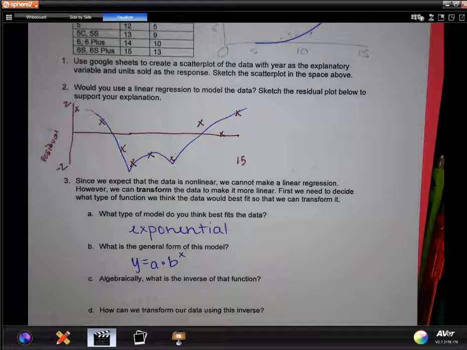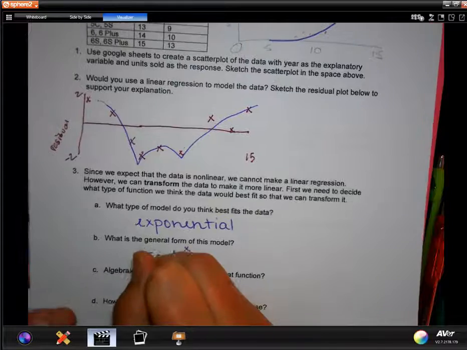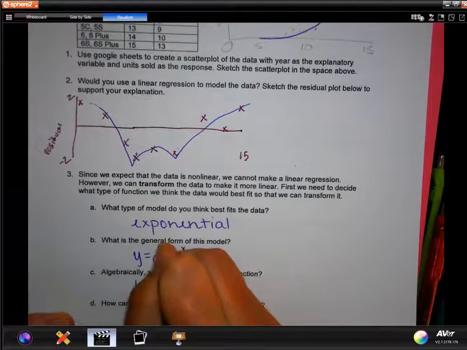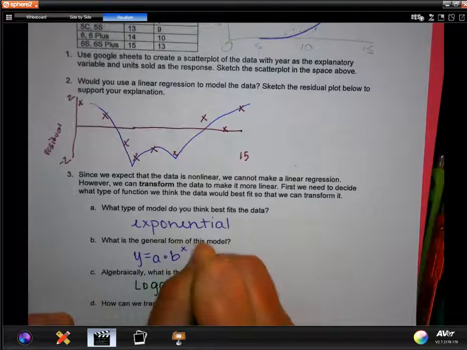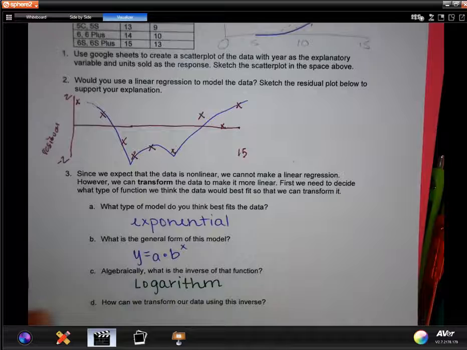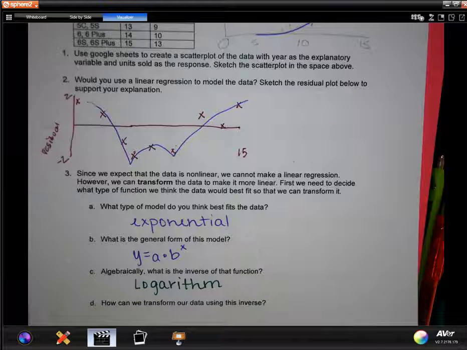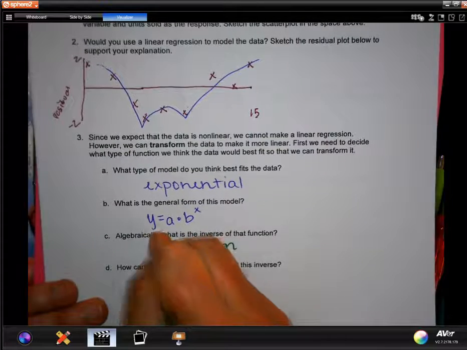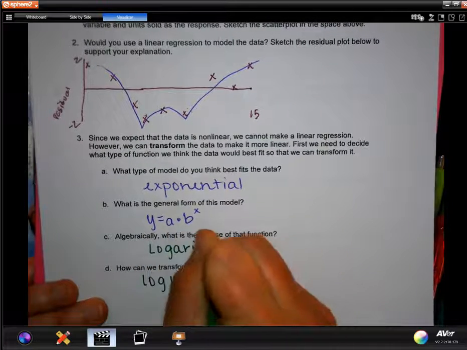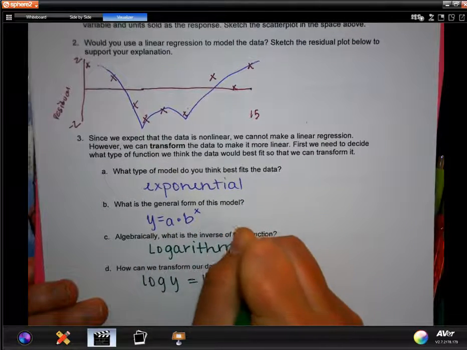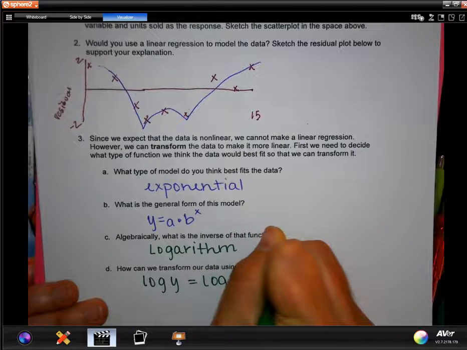What's the inverse of an exponential? Logarithm. So we're going to log both sides, and guess what happens when you log both sides? Do the logs cancel out?